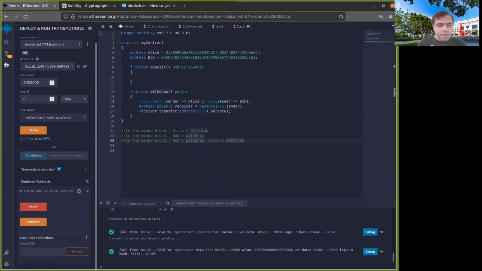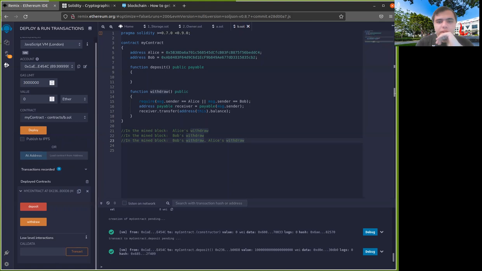Yes. But now another problem is that, well, in this particular case, this will not help, right? So if I have a situation like this, the miner will get the same amount of transaction fee no matter which ordering he chooses, right?